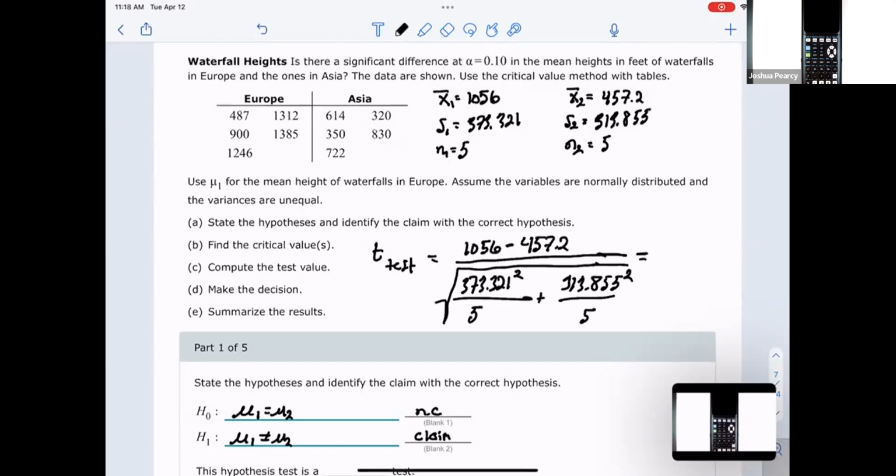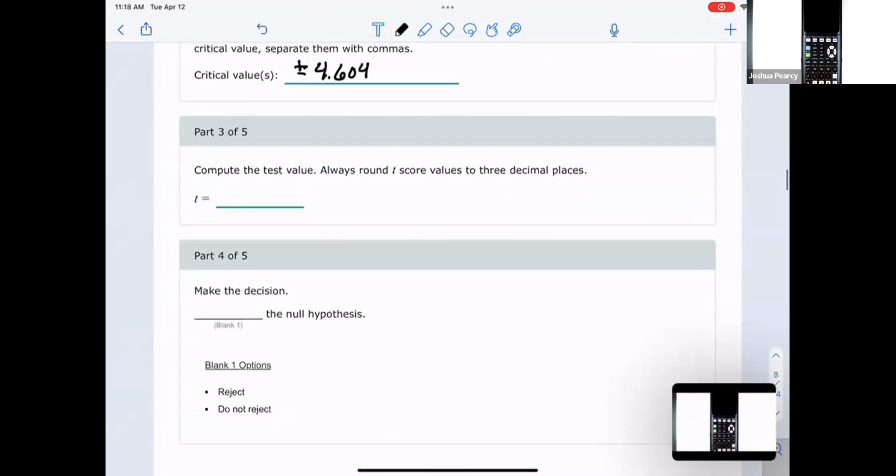Someone tell me what that equals. 2.745. Okay, so that would be this part, 2.745.